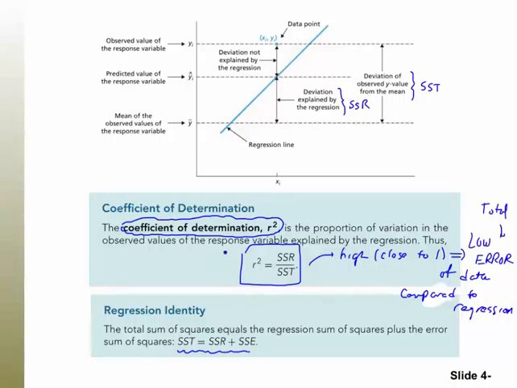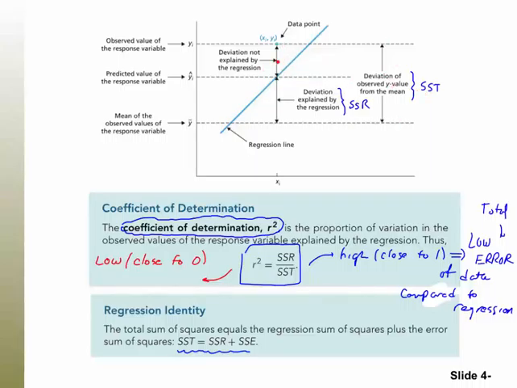Okay, when it's low, close to 0, what does that mean? When the fraction SSR to SST is low, what about the fraction of SSE to SST?